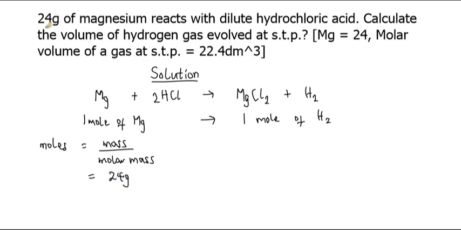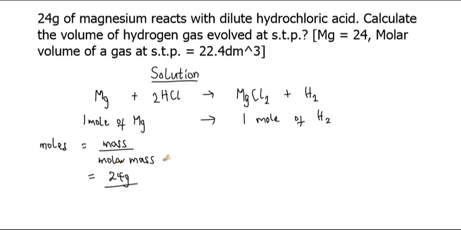That is 24 grams of magnesium reacted, divided by the molar mass of magnesium. Since we have just one atom of magnesium present in the substance, the molar mass is the same thing as the atomic mass. The atomic mass is given to be 24, and that will also be the molar mass. I want to believe that is clear. I will come again.